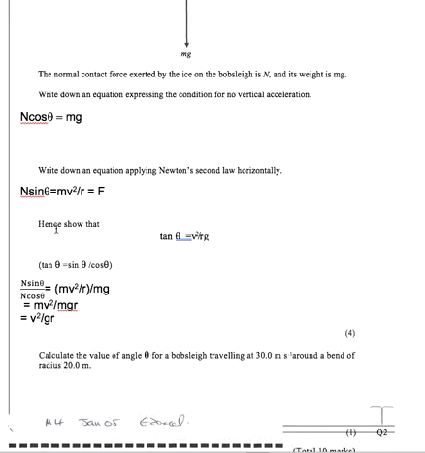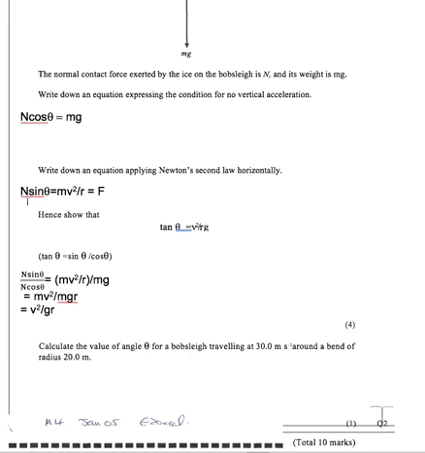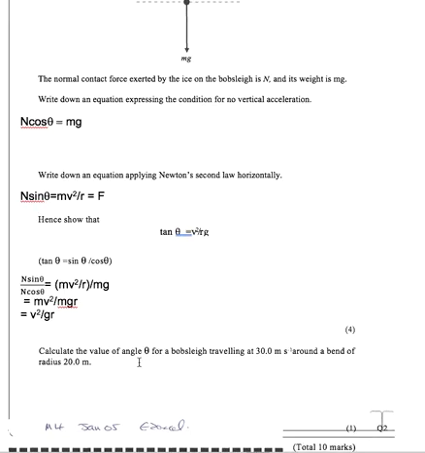And then finally it says, calculate the value of theta. Well, that's simply a matter of substituting the numbers in. So you have v is 30 meters per second, so 30 squared divided by 20 times 9.8, and it's the inverse tan of that, which gives you 77.7 degrees.